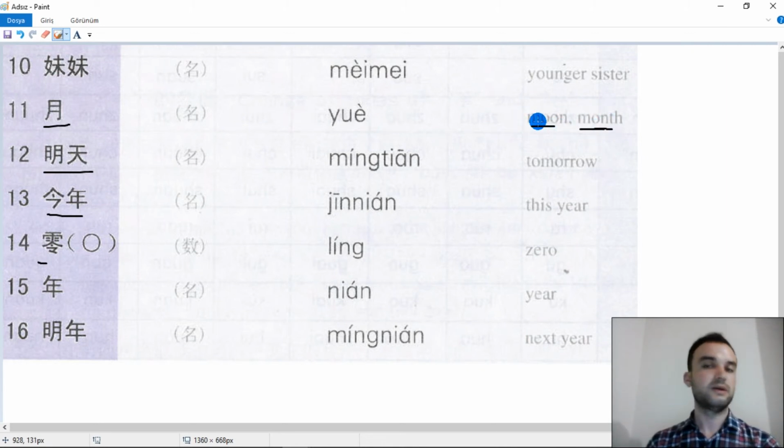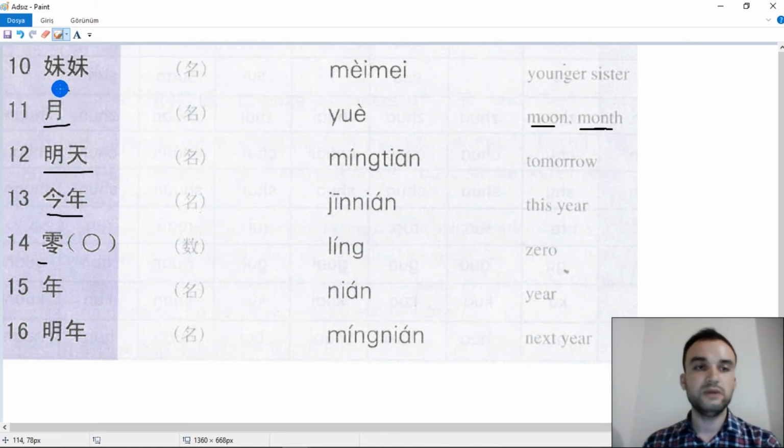Later we can use moon, because in this unit we just use the month meaning. 明天 means tomorrow. 今年 means this year. 零 means 0, and I suggest you learn this character, because in the next video you will use these parts separately. And here 年 means year, and 明年 means next year.